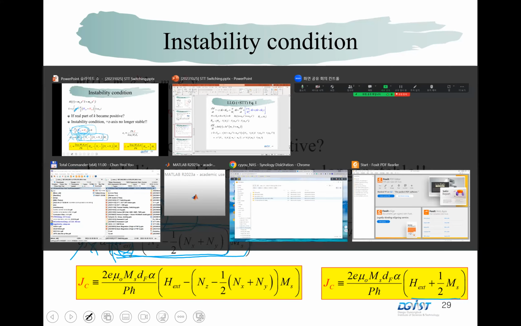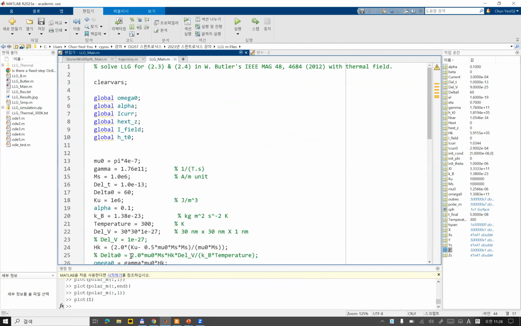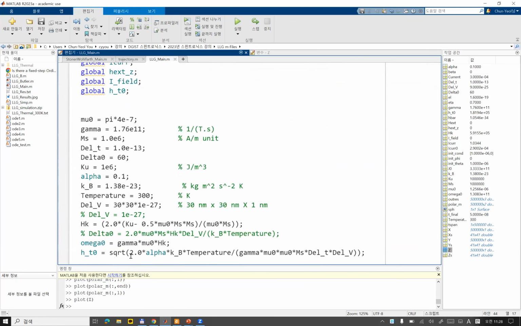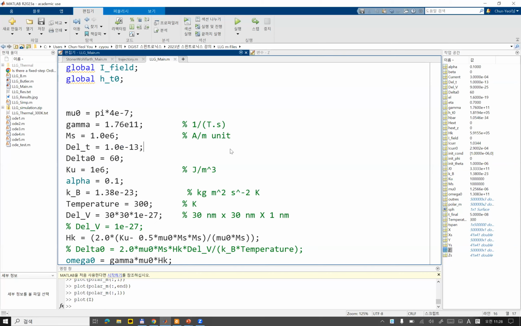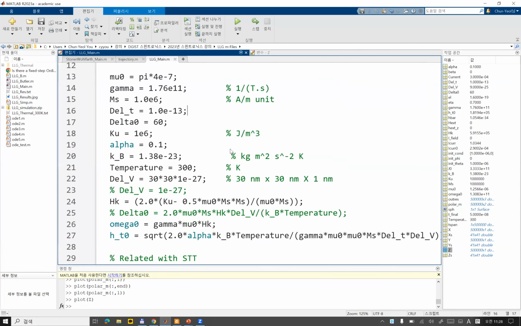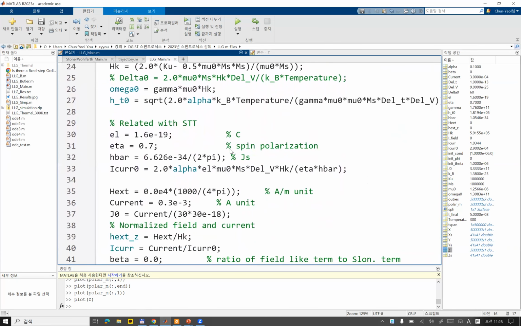And I'm going to show some more examples of spin transfer torque switching by solving the LLG equation. As I showed in the previous class, we have a symmetric code, and all these material parameters I already determined. Here you can find some physical constants, and now I set the external field to zero.